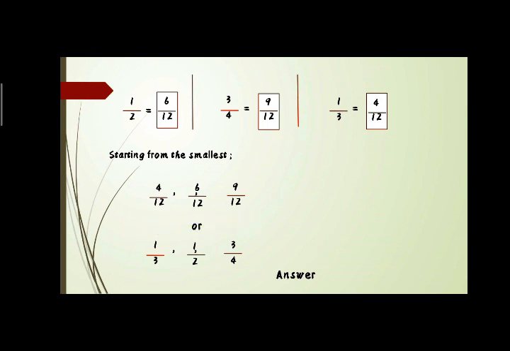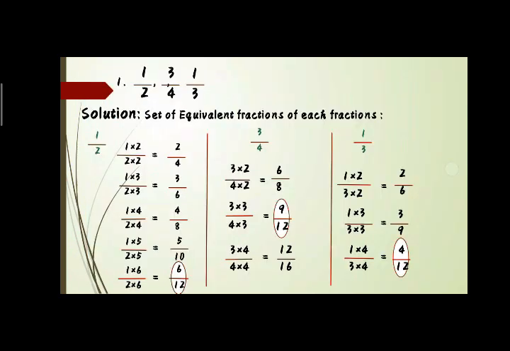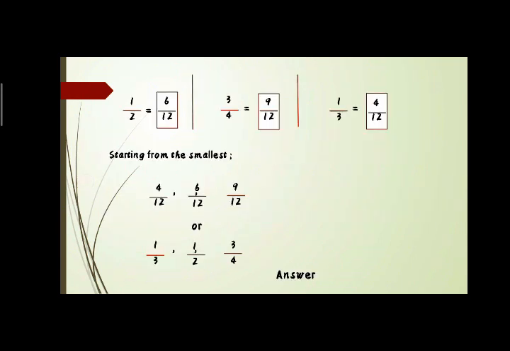Our actual question: 4 upon 12 is equal to 1 upon 3, 6 upon 12 is equal to 1 upon 2, and 9 upon 12 is equal to 3 upon 4. It means 1 upon 3 is smaller than these two. It is your answer.